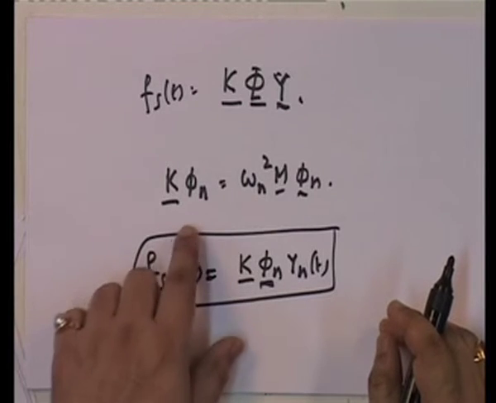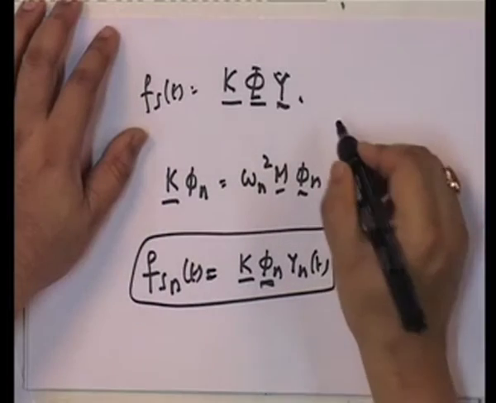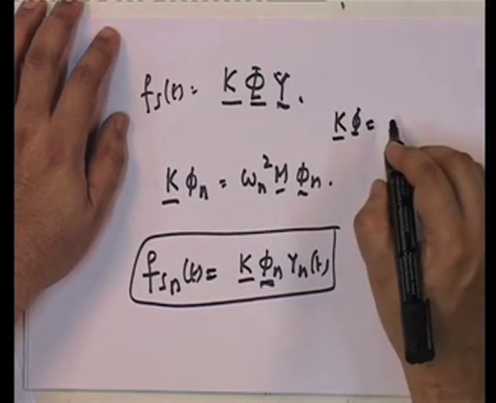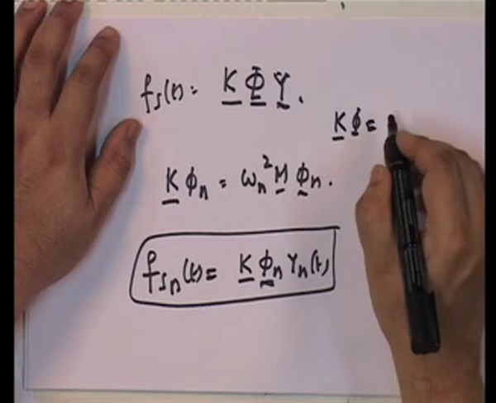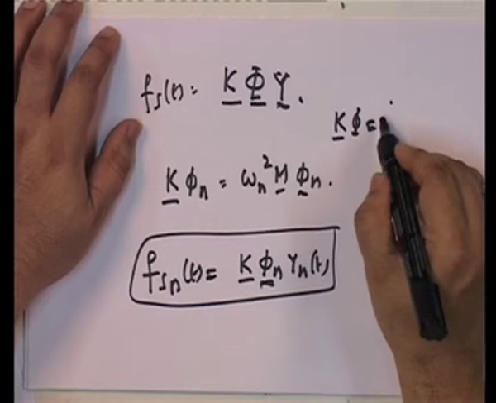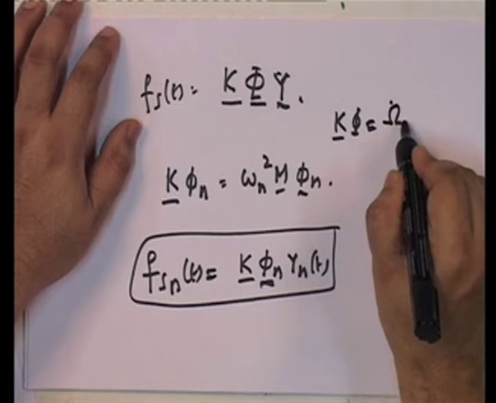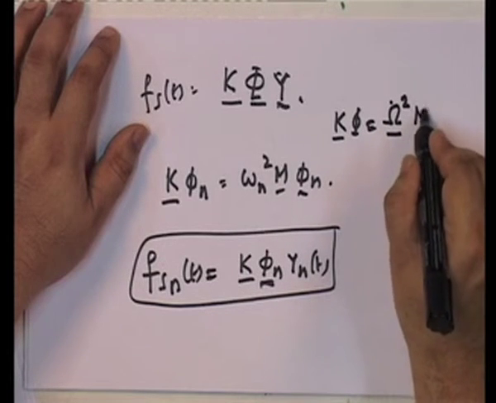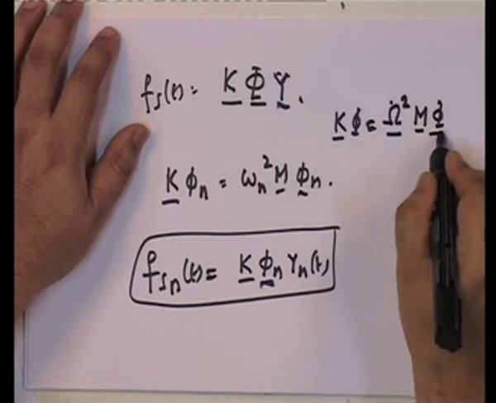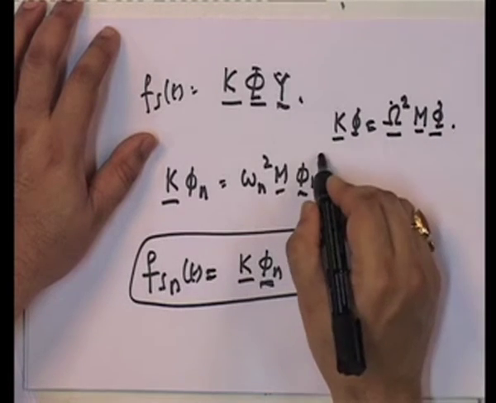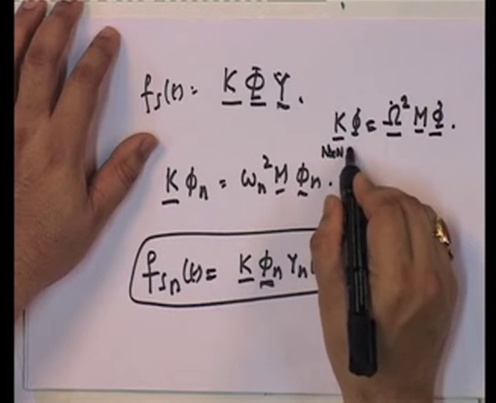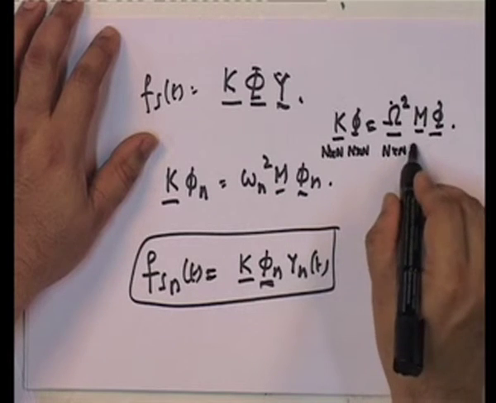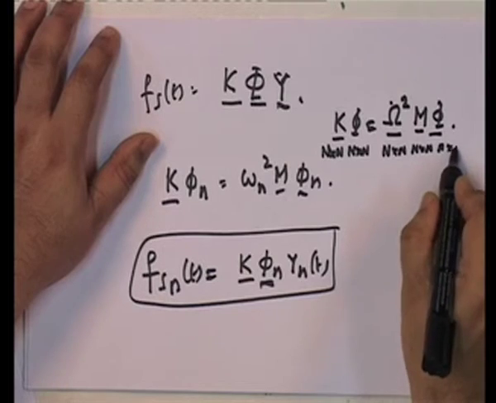Okay. So, if I were to do this, I can say that K phi is equal to omega squared into m into phi, where this is n by n, this is n by n, and this is n by n.